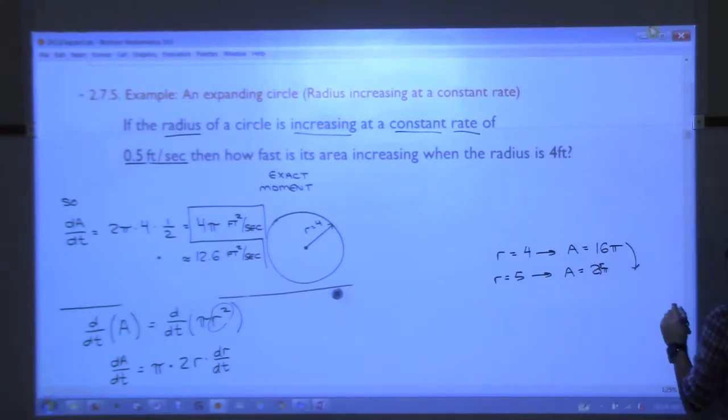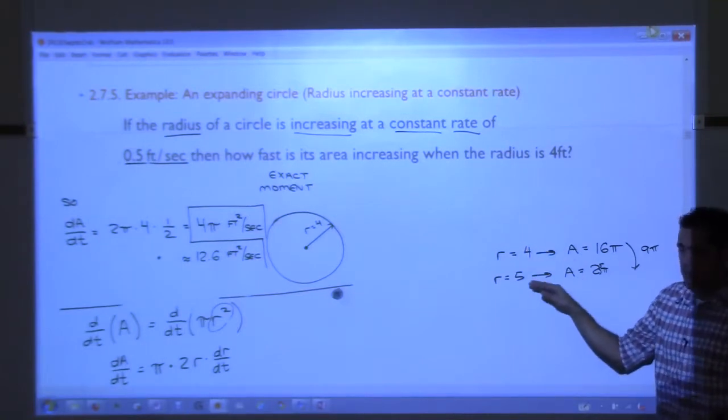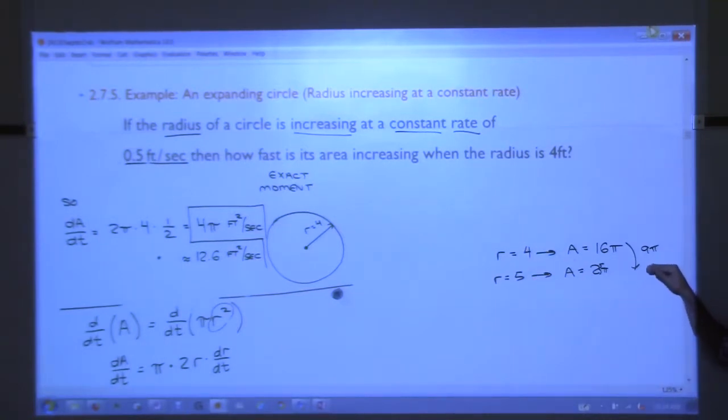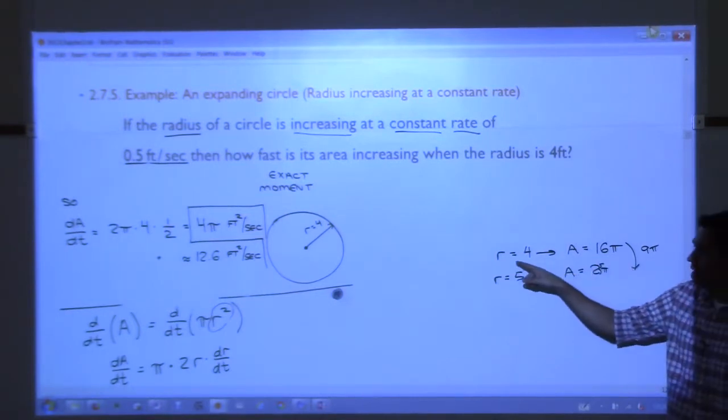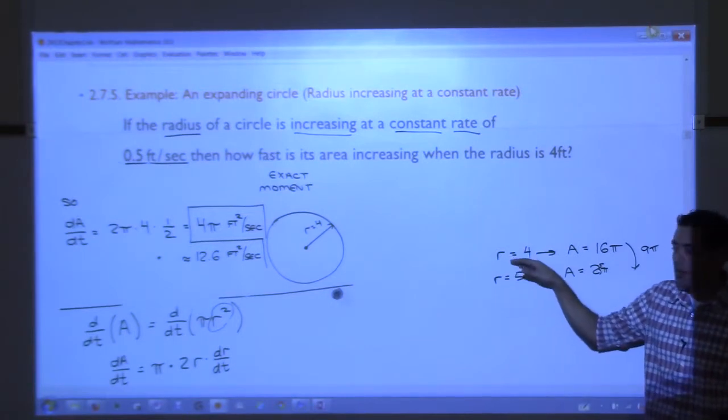And the difference between those was 9 pi, right? So if my radius jumped up by 1, the area jumped up by 9 pi, right? This, though, is not telling me how fast that radius was jumping, all right?